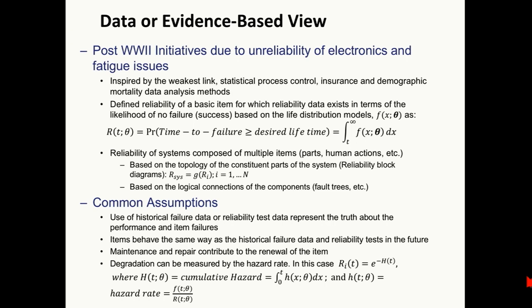In other words, it is the instantaneous rate of occurrence of failure, or failure rate, in this case. So hazard rate is then defined in reliability as the probability distribution function of time of failure divided by the reliability, both of which I defined in my original equation right here.